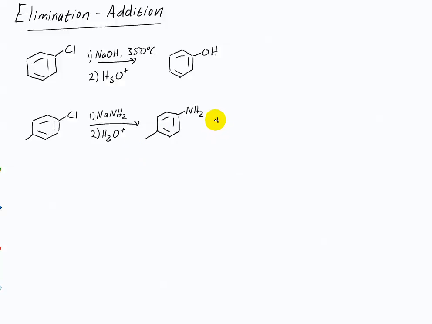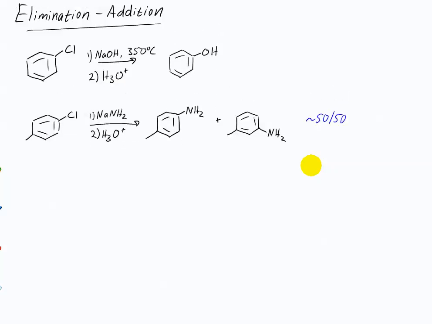You get about a 50-50 mix of these two products. So that's a problem. We don't like reactions where you get a 50-50 mix of two different regioisomers because then you have to separate them at the end. So what's going on here?